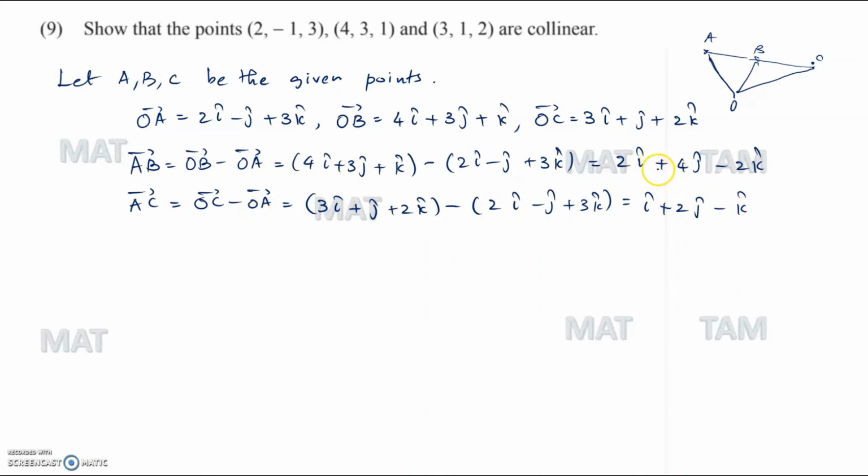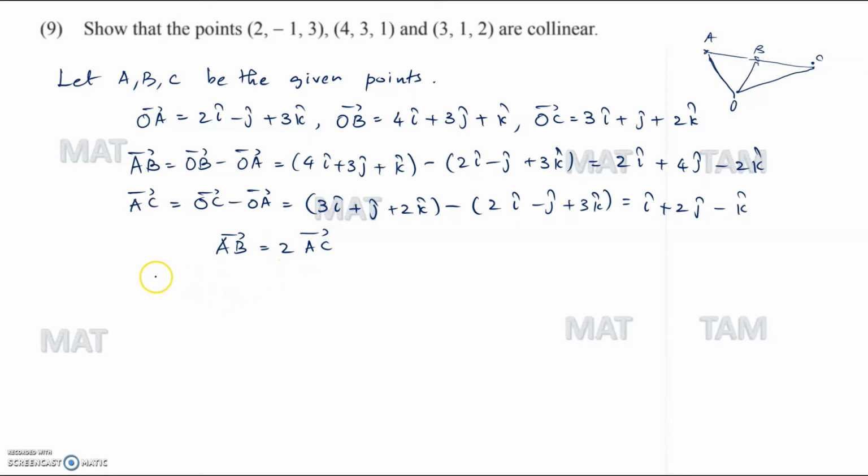So you can see that vector AB is 2 times the vector AC. So vector AB is equal to 2 times vector AC.